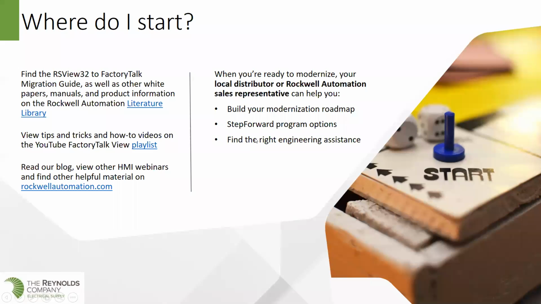Okay, so where do I start? Well, first of all, you need to contact your Reynolds contact, and that could be a Reynolds application specialist or a Reynolds account manager. That could also be Rockwell, but we all work together. We also have a lot of documentation. There's a really good RSView32 migration manual in the white paper that you should look at.